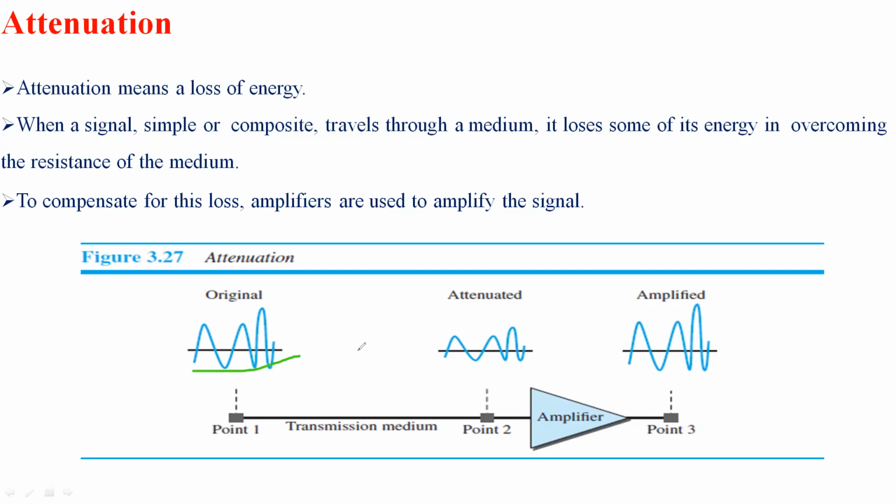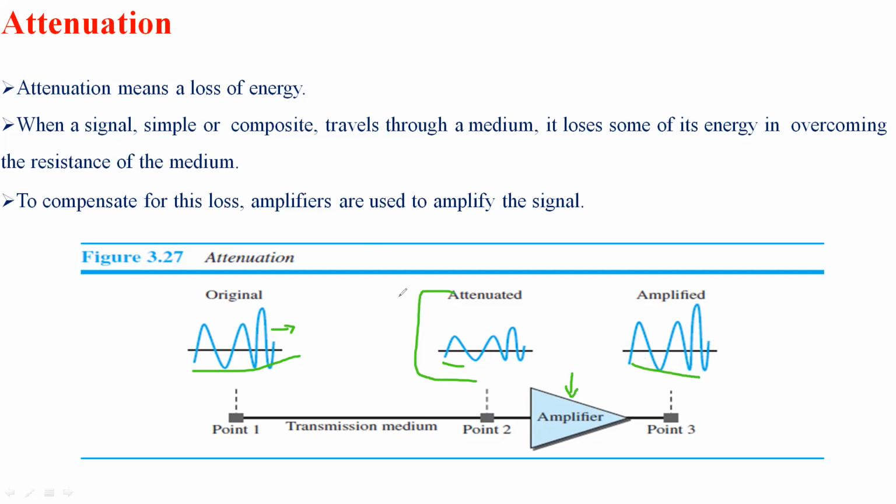While traveling, it will get attenuated. Attenuated is nothing but it loses some energy. So the form of this signal is converted into this distorted form. By using this amplifier, we can compensate for this loss and go back to the original signals. So this is about attenuation.